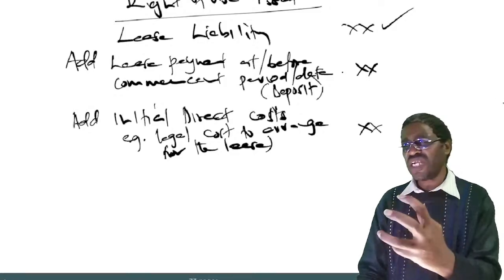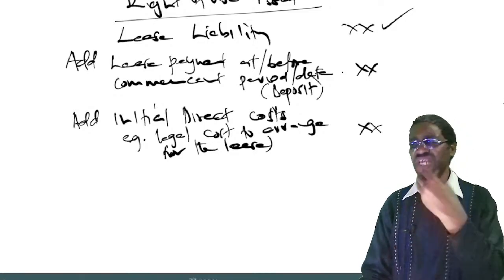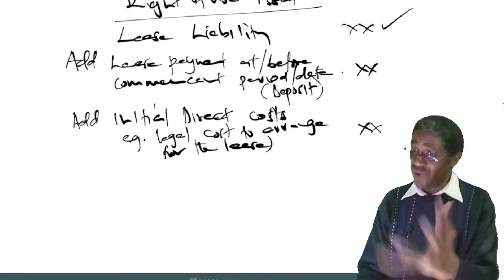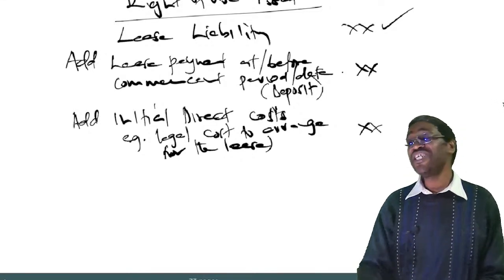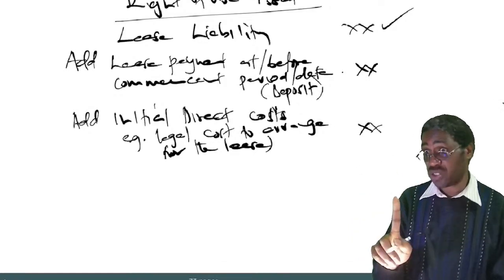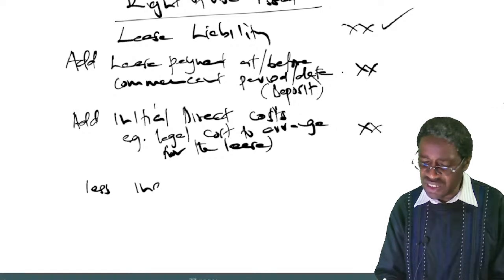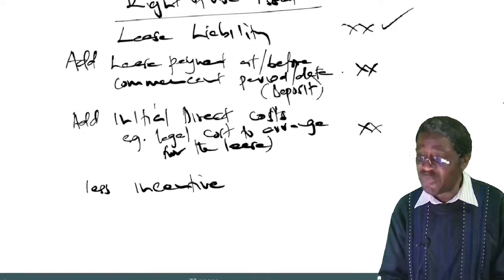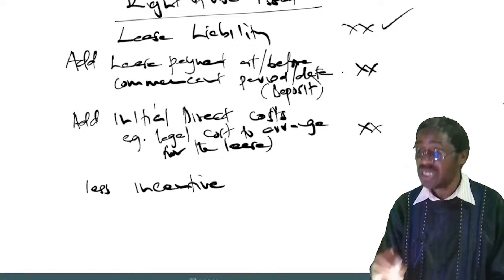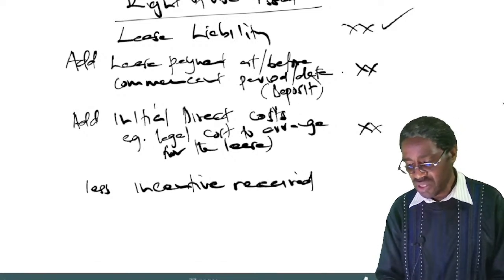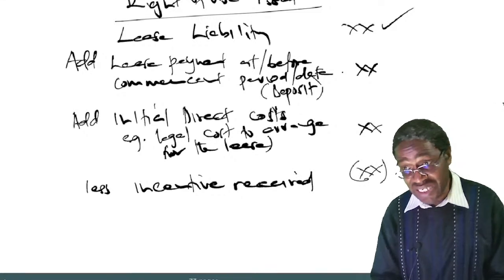If you are being given an incentive of 200,000 or 300,000 to lease this motor vehicle, or a refund of 200,000, then it will reduce your total cost. So we come and less now any incentives that you as company A, the lessee, are receiving. Any incentives received should be deducted.